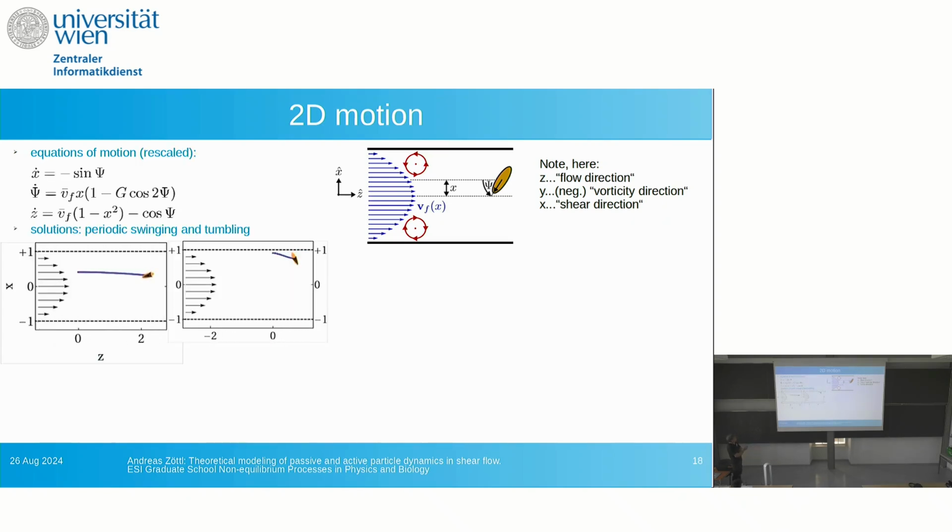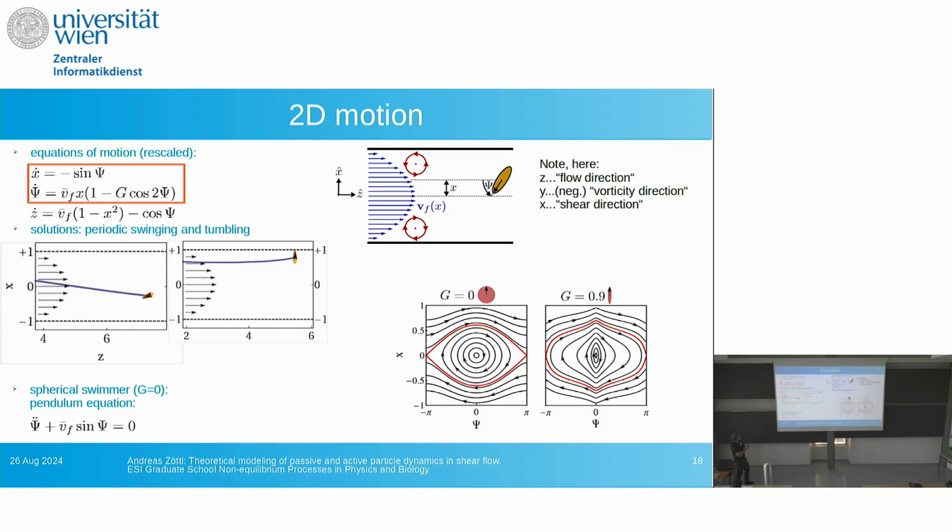When you look at the equations and the dynamics, the swimmer is always going along its director, plus it is carried with the flow. And what you see are these swinging and tumbling solutions. This is a numerical solution, but you can easily show that this is essentially the pendulum equation. When you look at the phase space of orientation and position, when you start somewhere inside here, you get oscillations, and outside you get tumbling.